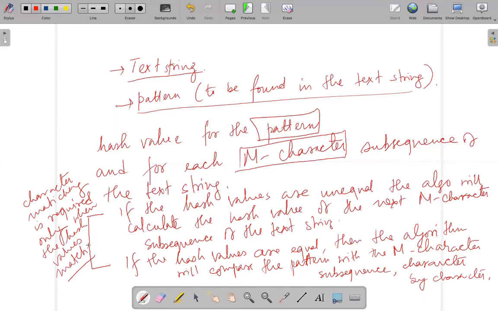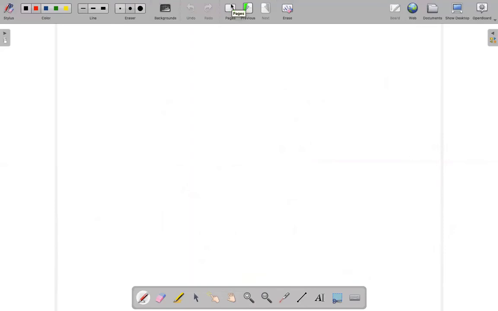Fine. So this is the only case when explicit character matching is required. Now, if your hash function is very poor, then you will collide a lot and explicit comparisons will be more. However, if your hash function is good, then your collisions will be very few and your explicit comparisons will therefore also go down. So how do we achieve this?